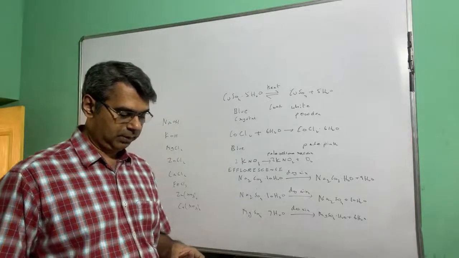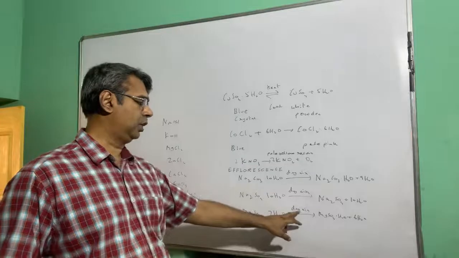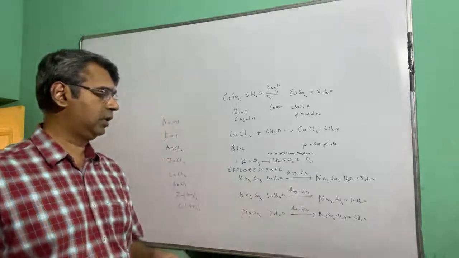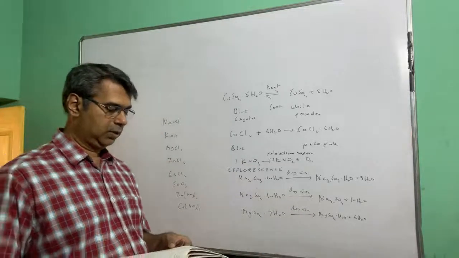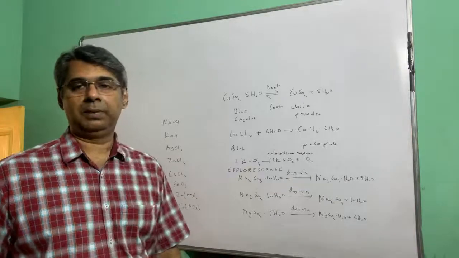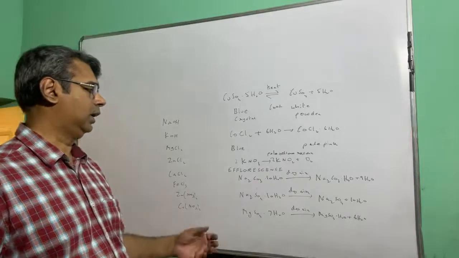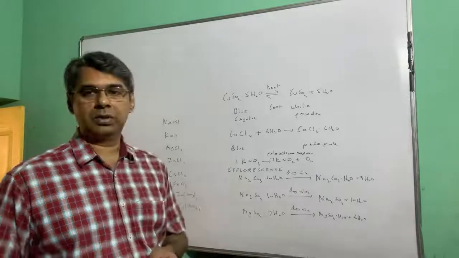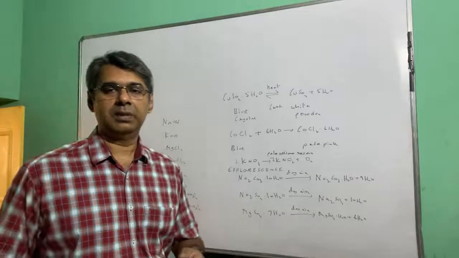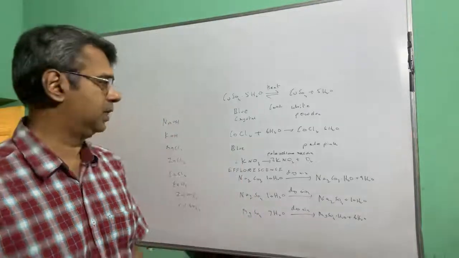This will also become a powder, and MgSO4.7H2O on exposure to air gives MgSO4.H2O plus 6H2O. So these three substances display a property called efflorescence. Efflorescence means that on exposure to air, they will lose the water of crystallization. That means they will lose the crystal character and become a powdery substance.